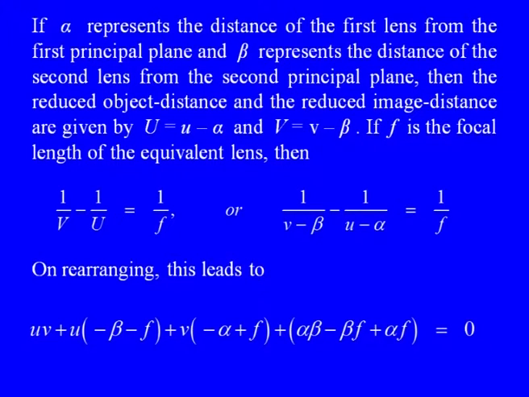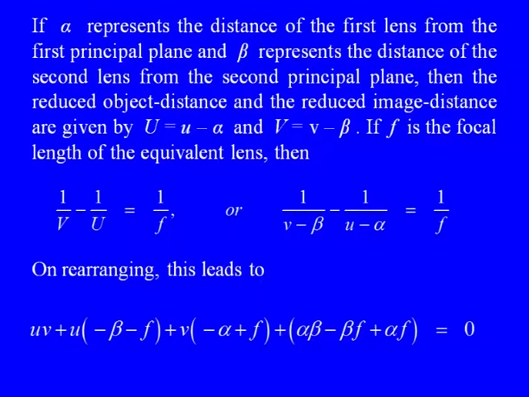Remember, u was the distance of the object from the first lens, and alpha is the distance of the first principal point from the first lens. So, capital U is the object distance from the first principal point. Similarly, capital V, small v minus beta, is the distance of the image from the second principal point.